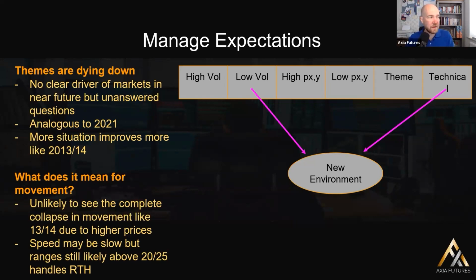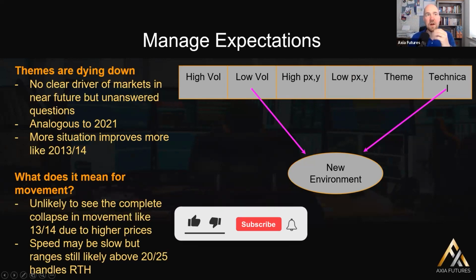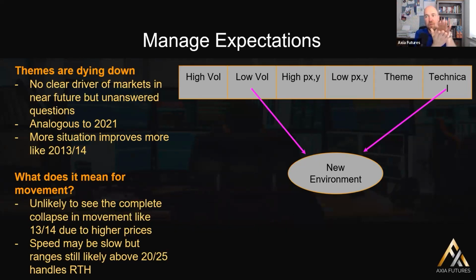The other thing that I think is important to remember is movement. In terms of movement, whilst I showed volatility dropping quite significantly, because the price is so much higher, you're not going to see the indicator, the ATR, drop down to 10 tick ranges, because we're now at 4,000 in the S&P.